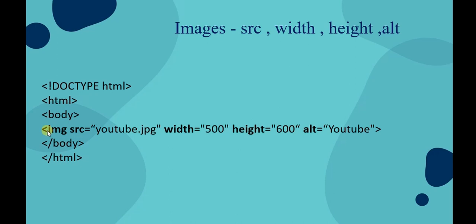One thing to note here is width and height. If you specify these attributes inside any tag, they represent the width and height of that tag. Here it is the image tag, so the image width will be 500 and the image height will be 600. It doesn't depend on the source.